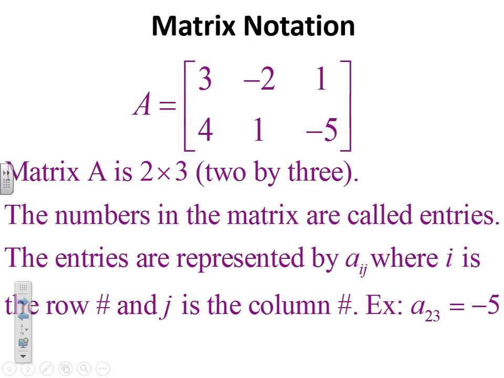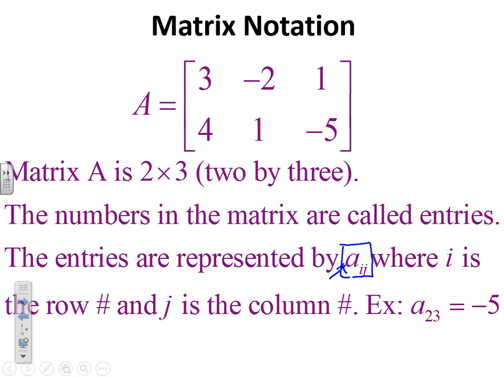Now, the entries in the matrix are represented with a notation where we use the lowercase letter of however we named the matrix. So if we were talking with matrix b, we would say lowercase b with a subscript of i and j. If we were talking about matrix L, we would say a lowercase l with a subscript of i and j.